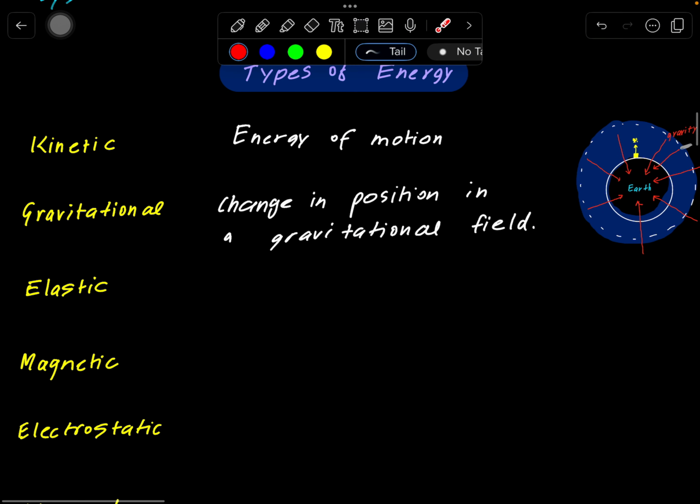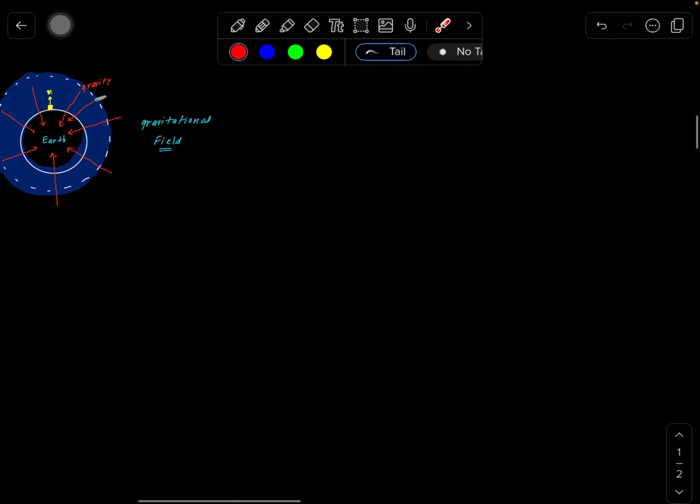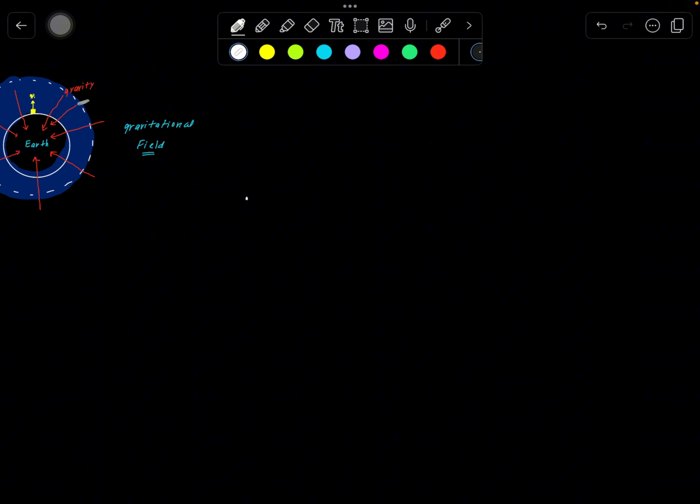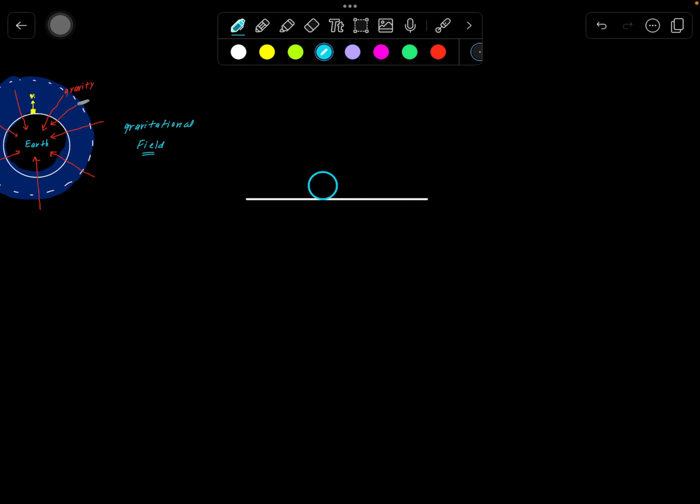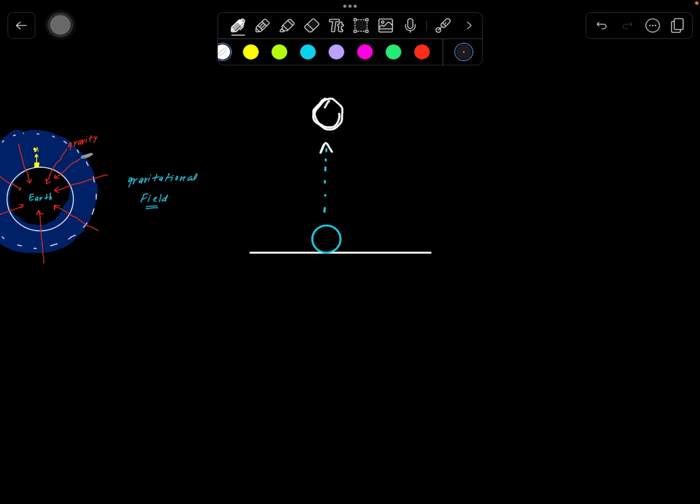Okay, when something falls, first of all, you raise something, right? Let's say this is the ground, and you have a ball here. When you raise the ball above the ground, the ball gains gravitational potential energy. But when you let the ball go, it falls down.